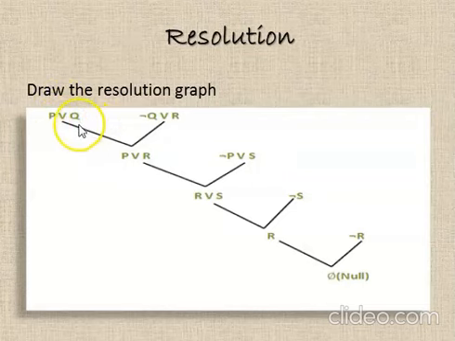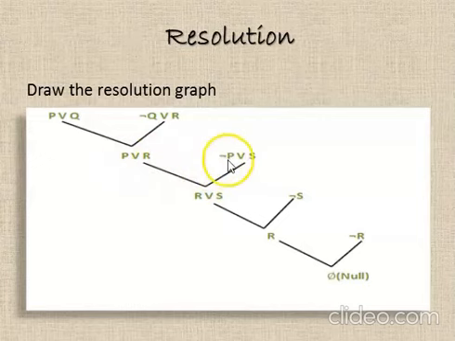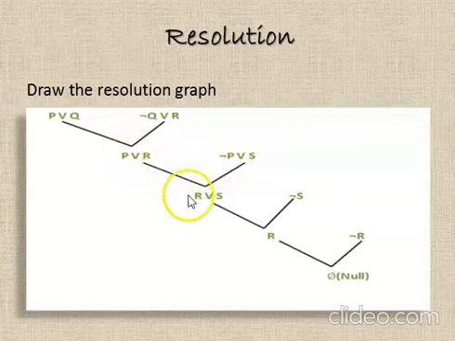Here the complementary literals are Q and not Q. They will get cancelled and we will be left with P or R. So we have got a new fact here, P or R. Then it is being conjuncted with our third FOL fact, which is not P or S. Here again P and not P are complements. They can be cancelled and we get another fact as R or S.